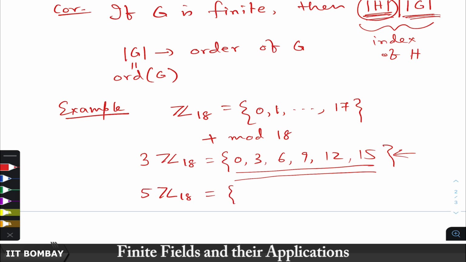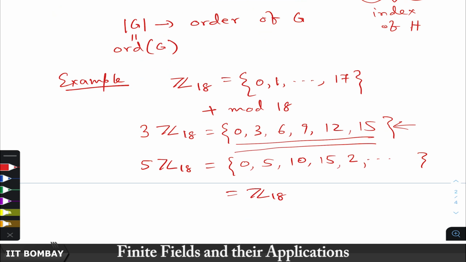We will get 0, 5, 10, 15, then 20, which is 2 modulo 18, and so on. You can check that you will get the full set, equal to Z18, and that is because 5 is relatively prime with 18. So, you will get the full group itself.